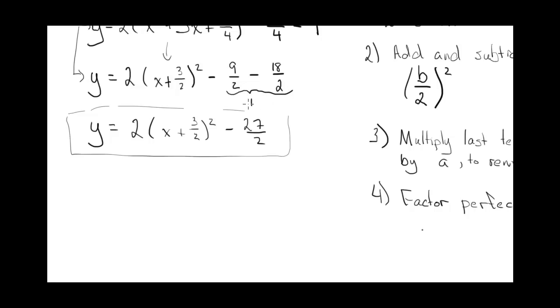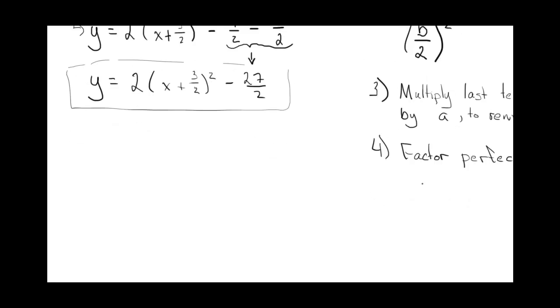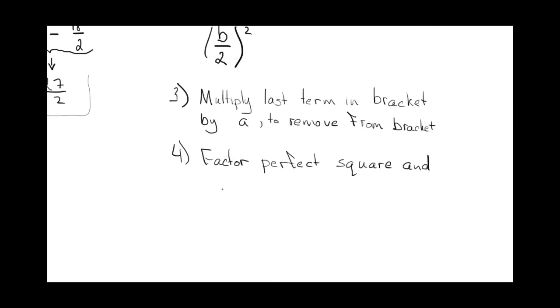You could do it all at once. Add the terms outside the bracket. So factor the perfect square and add, or subtract if it's subtraction, the terms outside the bracket.